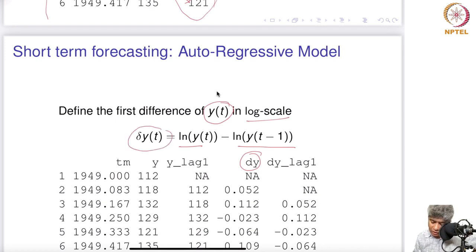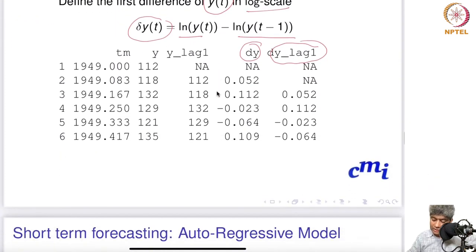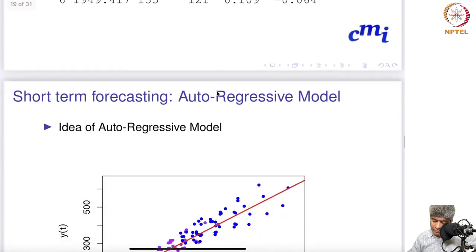You take the log y and take the consecutive differences, and then you can take the lag of this first difference variable as well. So this is how you create the lag variable.